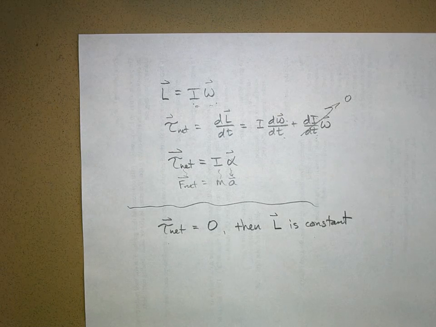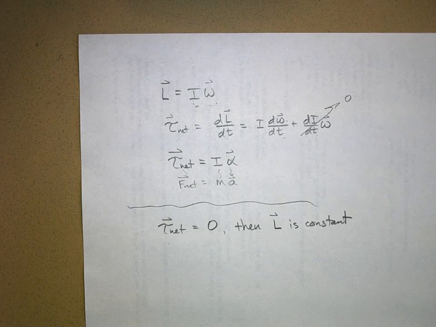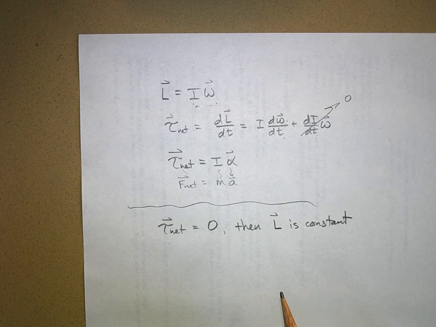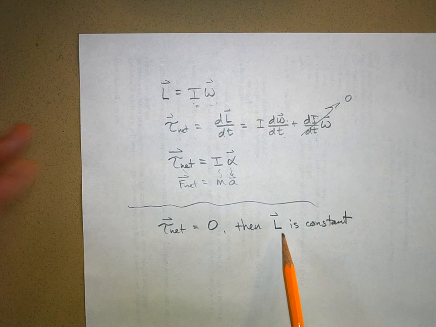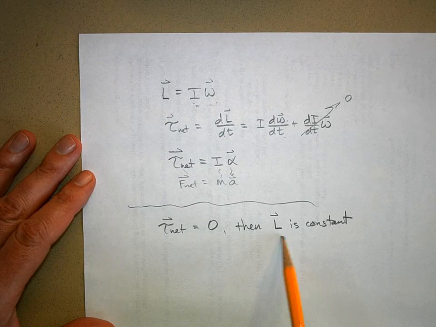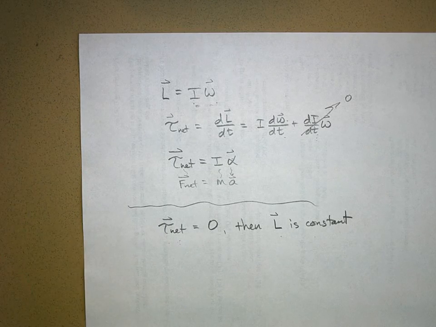If I've got an extended body that can move, that can change its shape, like a human body, you have a certain angular momentum, but if there's no net torque, then the angular momentum isn't going to change with time.